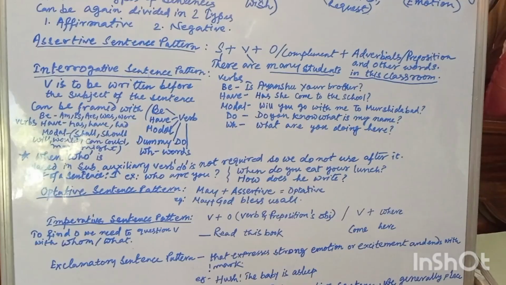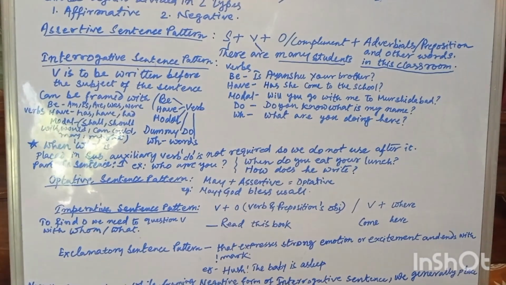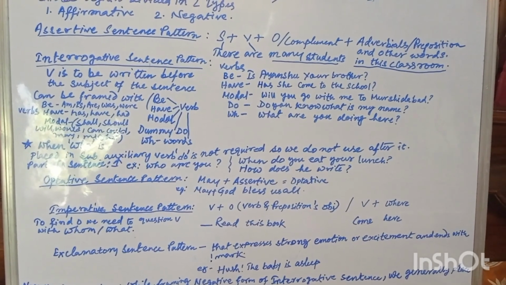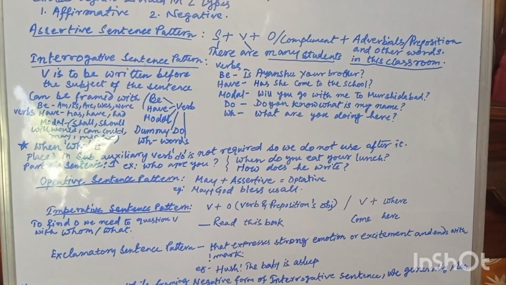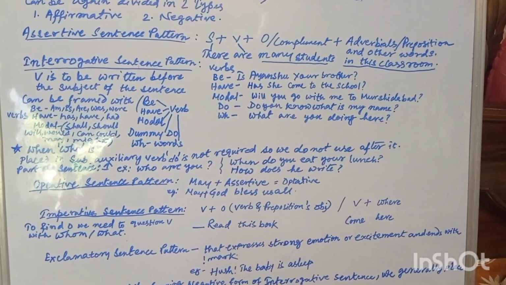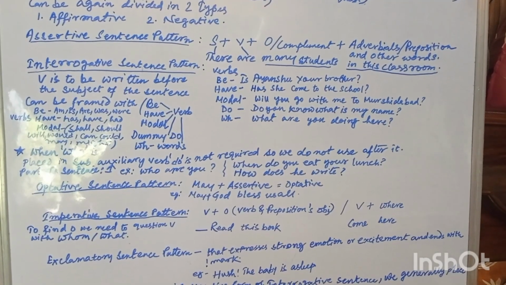Now let's see the pattern, assertive sentence pattern. As I have written here, assertive sentence pattern is subject, verb, object or complement, adverbial, preposition and other words. And the sentence I have framed as an example is, there are many students in this classroom.